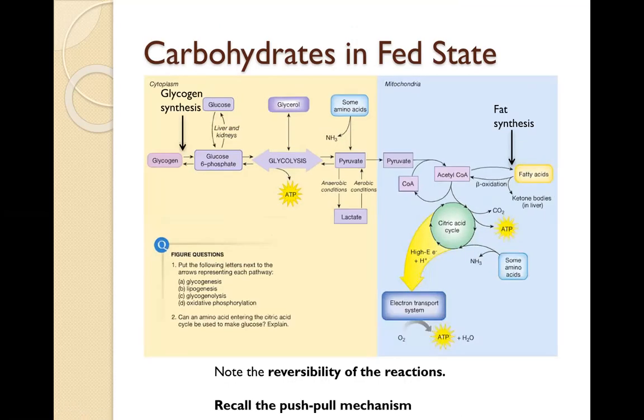Okay, and so this is just a summary slide that in the fed state metabolism, you get glycogen synthesis and you get fat synthesis, as well as some of your basal needs of glucose going through cellular respiration to make your basal amount of ATP that you need.